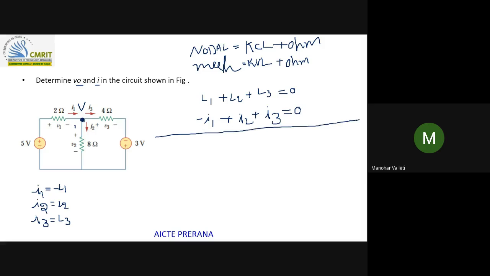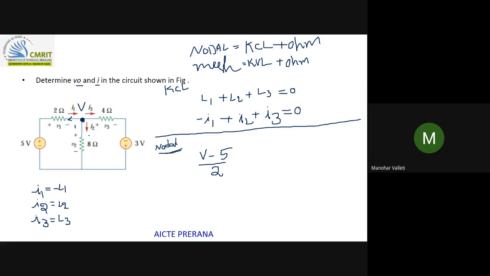But this is how you do it with KCL. When you do it with nodal, I will write the equation directly. You see, V minus 5 divided by 2, which will give me the current in this branch, that L1 I am talking about.